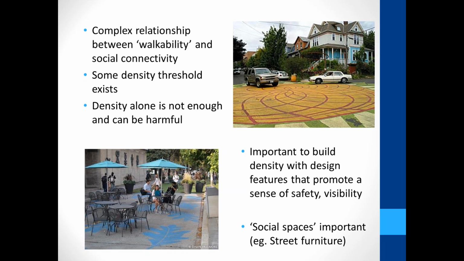So density alone is not enough, and it can actually be harmful. It's important to build density with design features that promote a sense of safety and visibility. Social spaces are really important. Something as simple as street furniture can help have people linger in those spaces and enjoy them together.